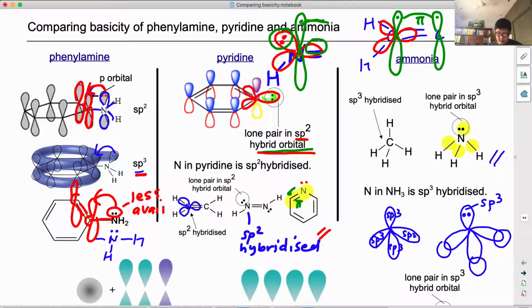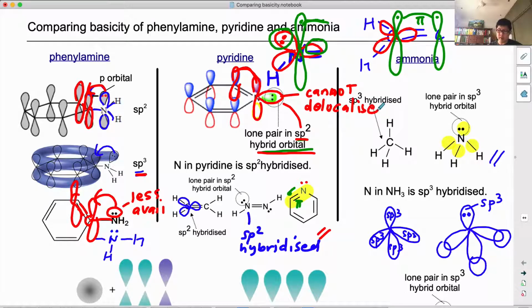What I'm trying to show you is this: this is the pi bond, and this lone pair is in an sp2 hybrid orbital, and it's perpendicular. Because it's perpendicular, 90 degrees, I want you to know that this lone pair cannot delocalize.